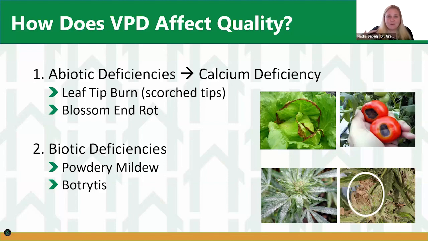So when I walk into a grow and there are fans blowing at 1,000,000 miles per hour and the VPD is really high and they say they have a powdery mildew issue, unfortunately, I'm not surprised.